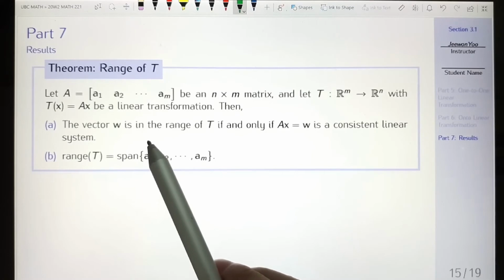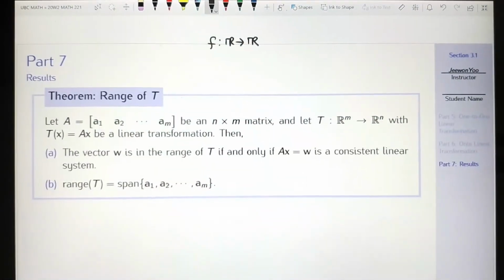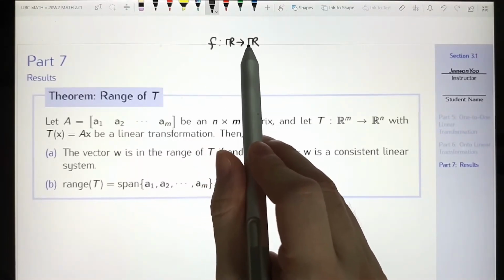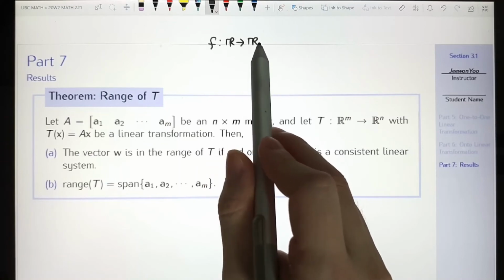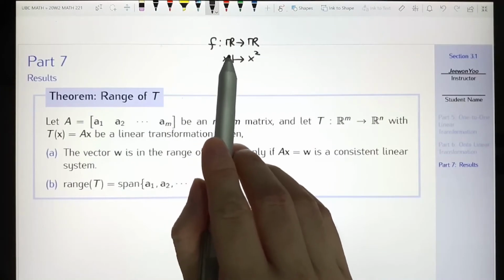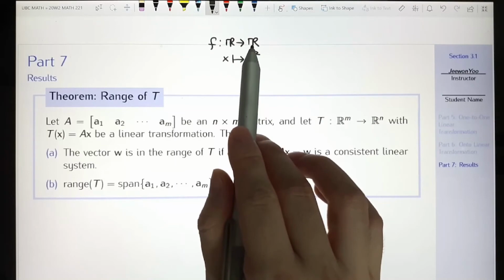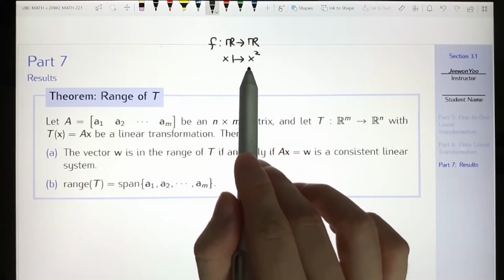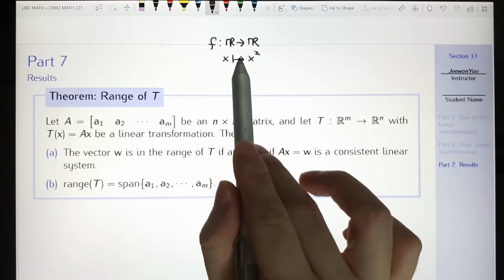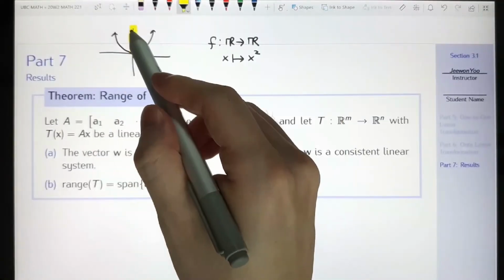Y equals x squared, which is a parabola. The domain of the parabola is R, and the codomain is also R, defined by x, which is an element from the domain, maps to another element in the codomain. But you know that the range of this function f is a smaller set than the entire codomain, because look at the yellow highlighted portion.